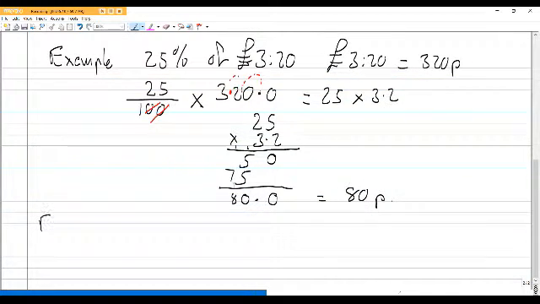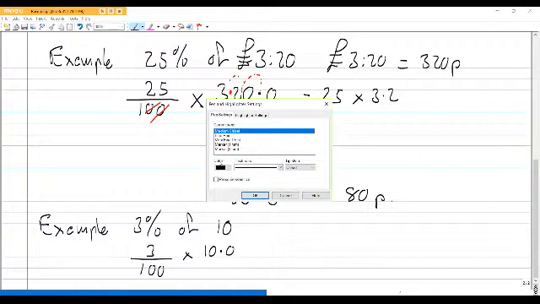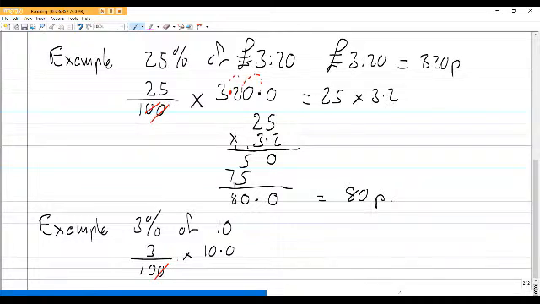So let's just go through another example. 3% of 10. Well, that's 3 over 100 times 10. Again, I'll put this decimal point there. And again, what I'm going to do when I cancel out, I'm going to move the decimal point. So with that one, I move it 1. And with that one, I move it another 1.